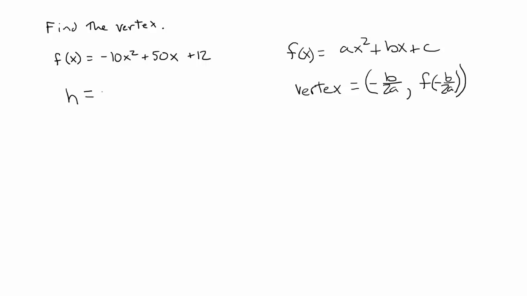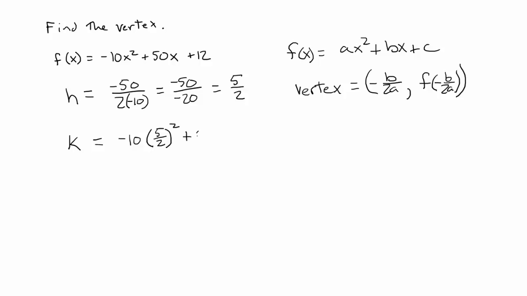So h is equal to negative b, and b is 50, so we have negative 50 divided by 2 times a, and a is negative 10. So we have negative 50 divided by negative 20, or 5 halves. And then to find k, or the y coordinate of the vertex, we're just going to plug h into f of x. So we're going to have negative 10 times 5 halves squared plus 50 times 5 halves plus 12.